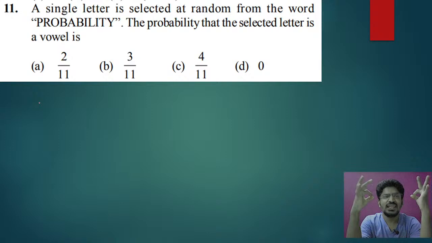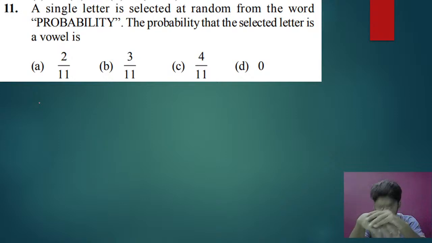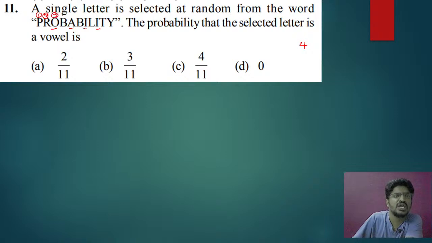A single letter is selected at random from the word probability. Then the probability that the selected letter is a vowel. So you select the vowels: O, A, I, I. You got 4 vowels. Total letters: 1, 2, 3, 4, 5, 6, 7, 8, 9, 10, 11.